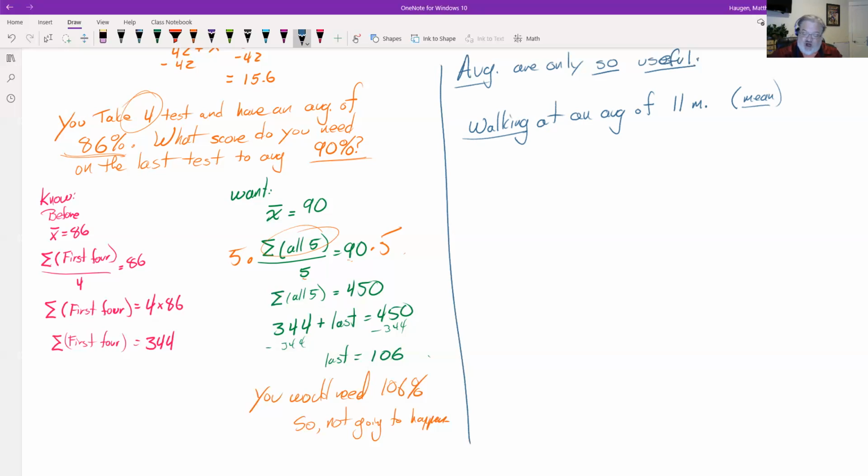So this is the problem with the statement that they will walk at an average of 11 months. Your little bundle of joy is 11 months and 4 days old and isn't walking yet.